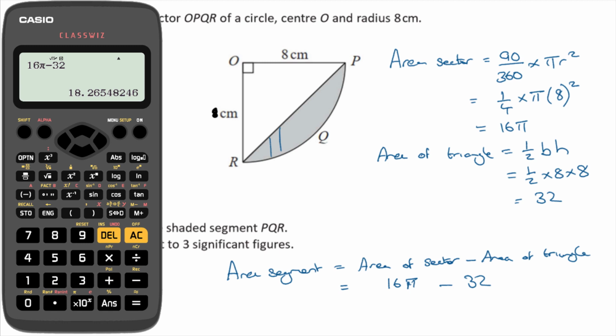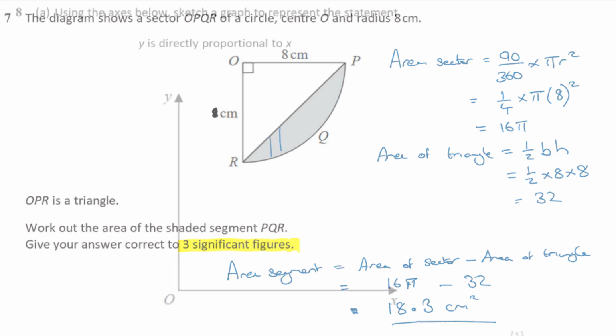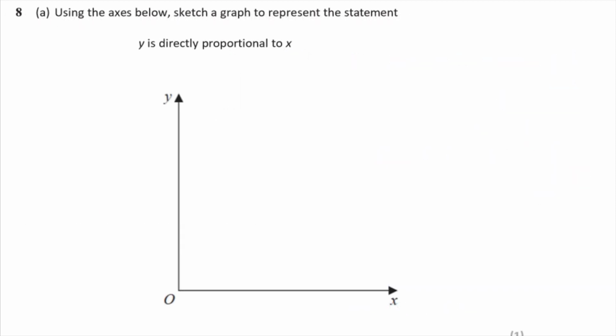Now the question states, give your answer correct to 3 significant figures. It's going to have to round this one off after the third significant figure, so it's going to be 18.26. Round it off, it's going to be 3, isn't it? 18.3. 18.3 centimeters squared.